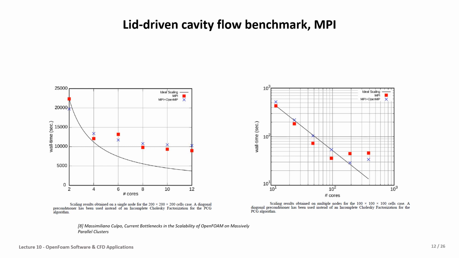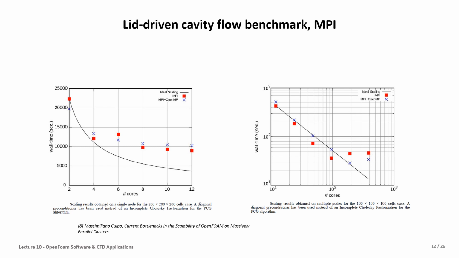We can see both the MPI and the MPI plus OpenMP implementations deviate considerably from the ideal scaling performance when using more than 4 cores. And indeed, the best performance of the hybrid codes turns out to be 10% slower than the best performance of the pure MPI codes, based on the results presented in this figure.